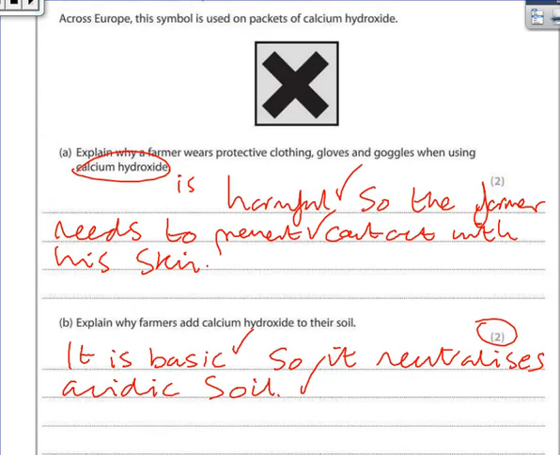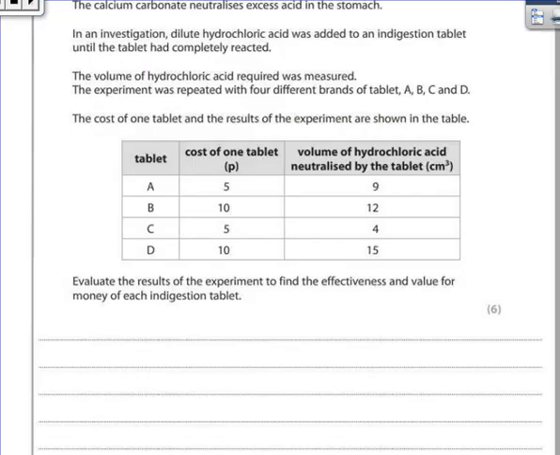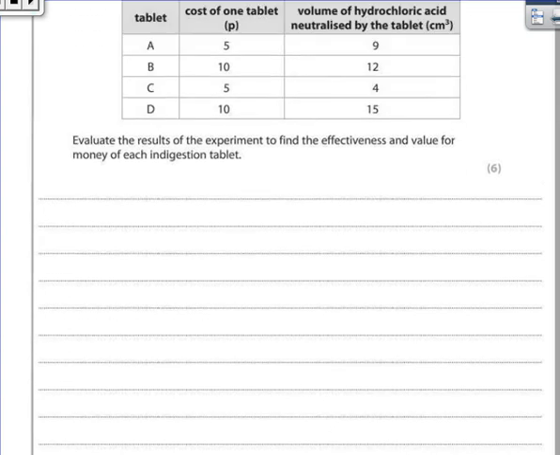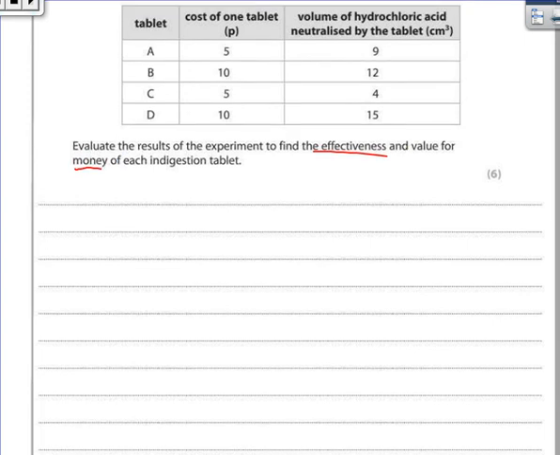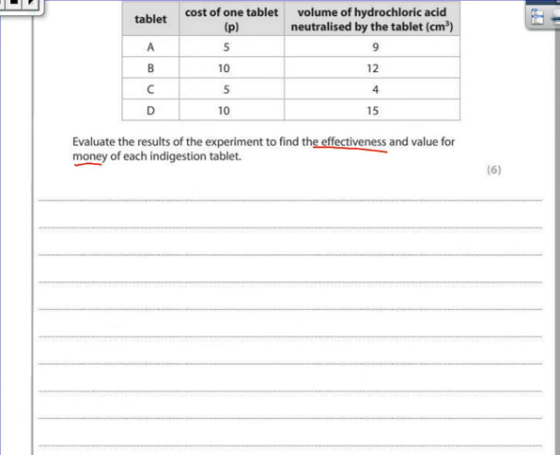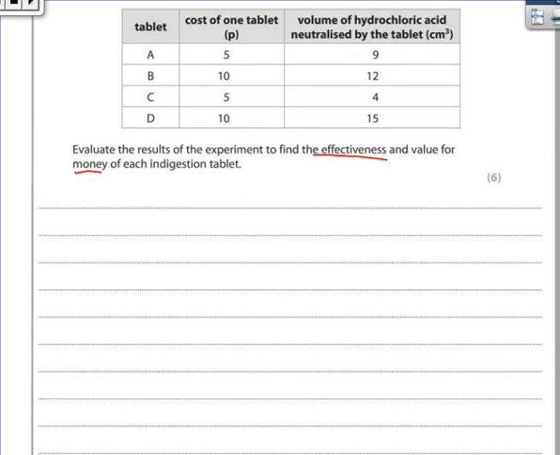Next question. We've got 6 marks. Evaluating the effectiveness and the value for money of these. You need to write this quite well. Maybe I should give you an example.